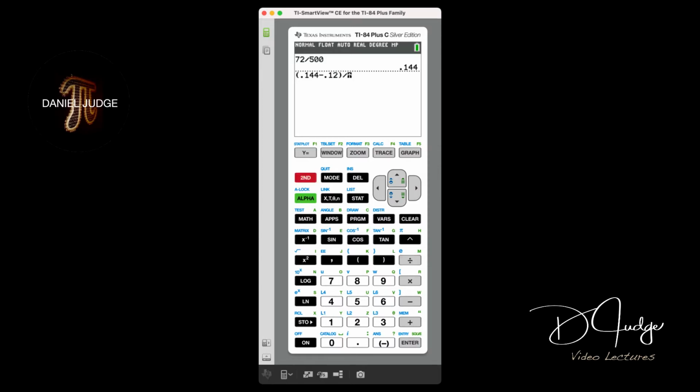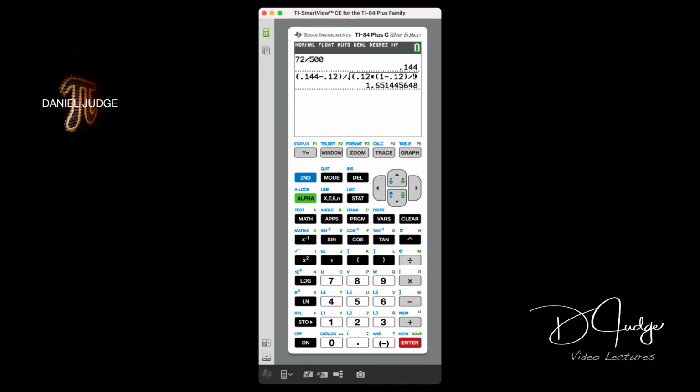Divide by square root. Second, open that parentheses. Put the 12% times parentheses, 1 minus the 12%. Close that. Divided by the sample size, which was 500. Close it again, and you can get out of that radical. So double check that that's exactly what we need to do. It looks like it's okay.